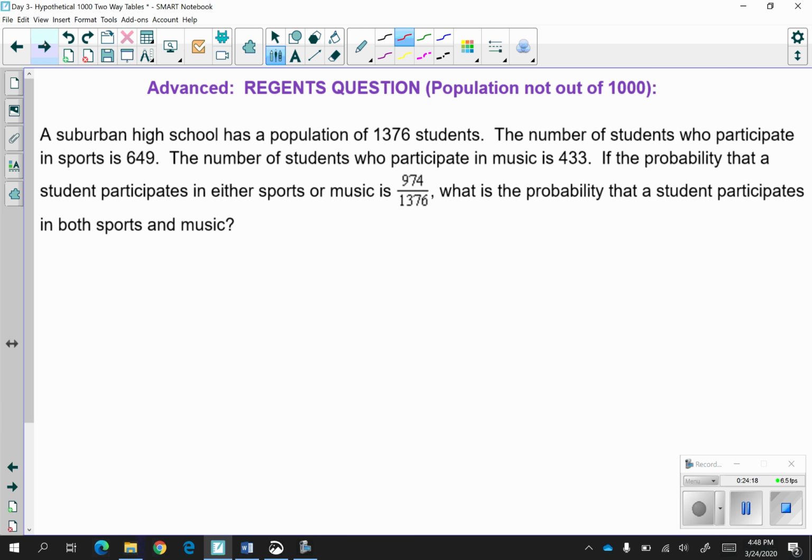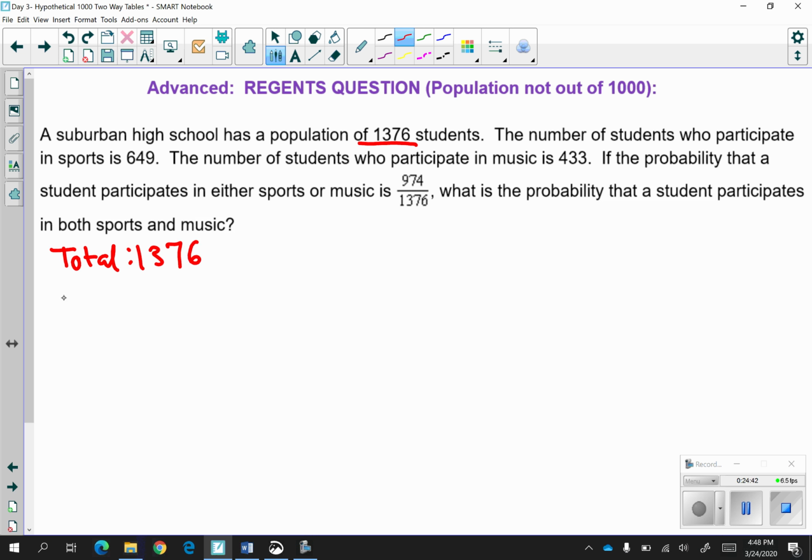So here was a Regents question, and they're telling you right off the bat, the high school has a population of 1,376 students. So we're going to make a list of what we have as we're reading this problem. We know our total is 1,376.